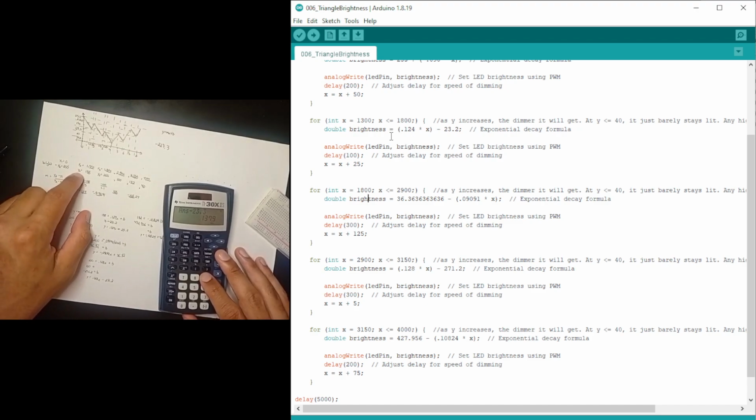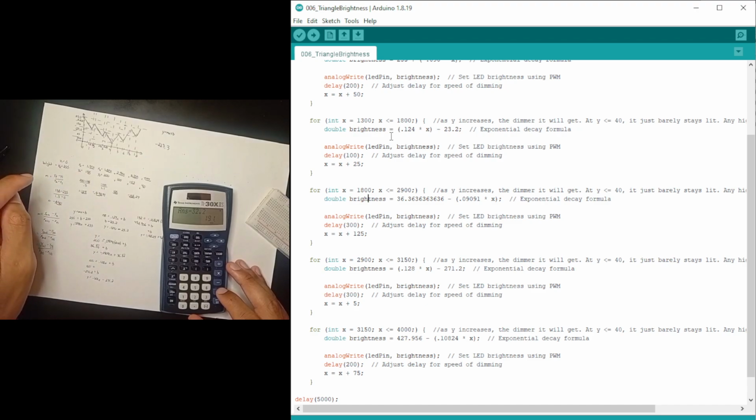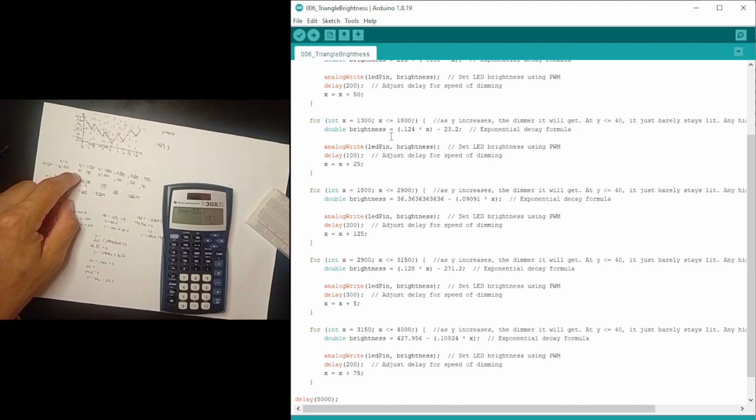Okay. Close enough, 138. So then what if the upper limit? 124 times 1,800 minus 32.2, 191. It's saying that the value would be 191 if x equals 2,900.